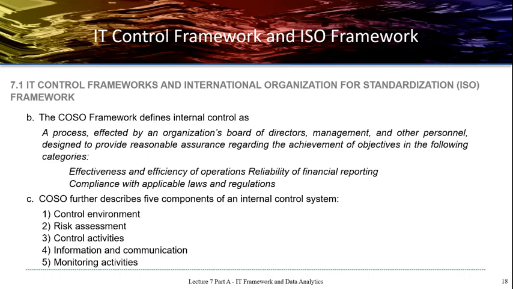COSO further describes five components of internal control systems: control environment, risk assessment, control activities, information and communication, and monitoring activities.